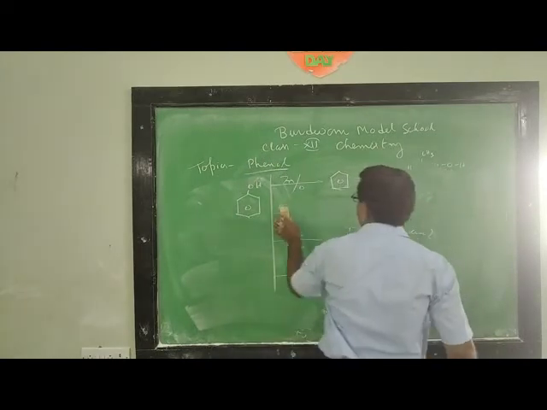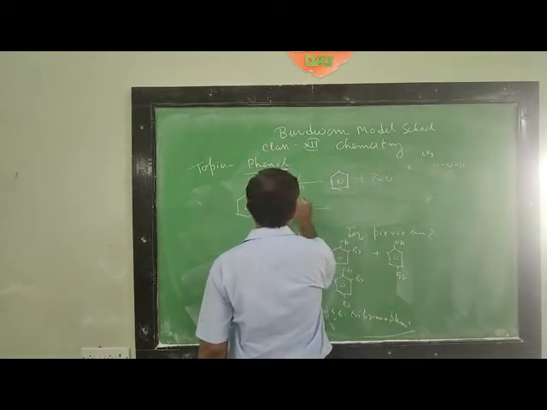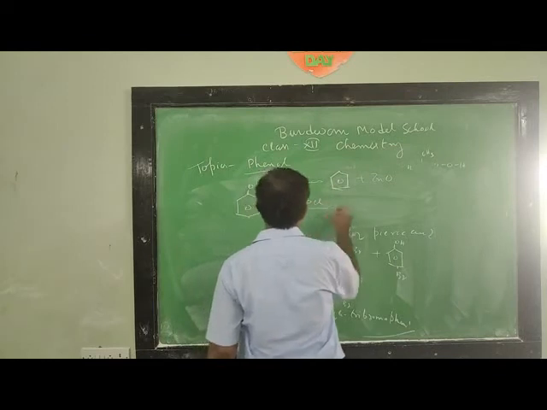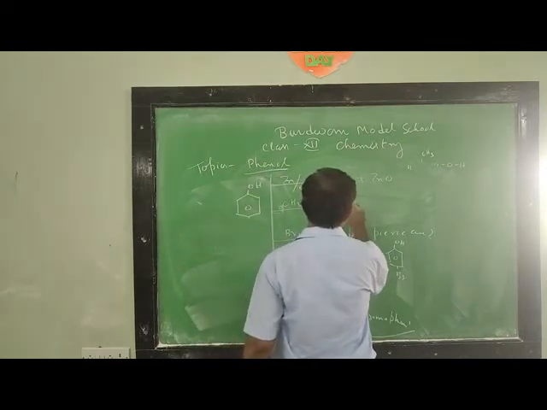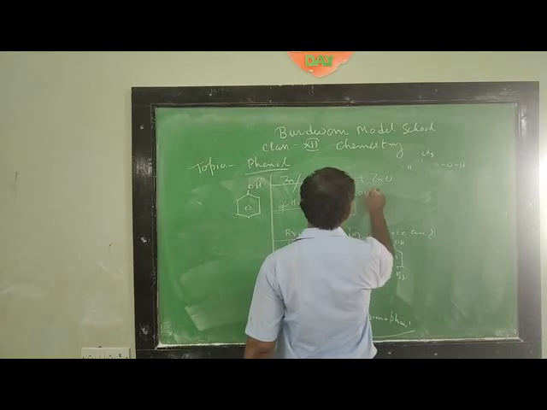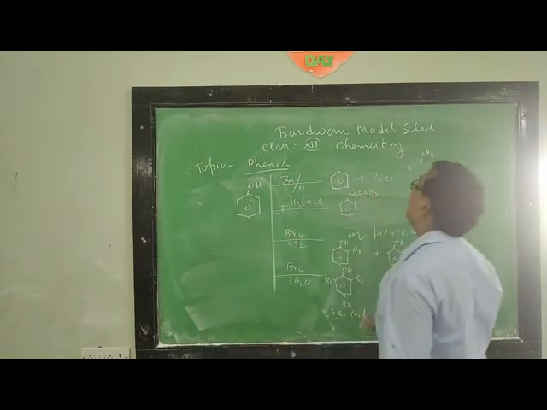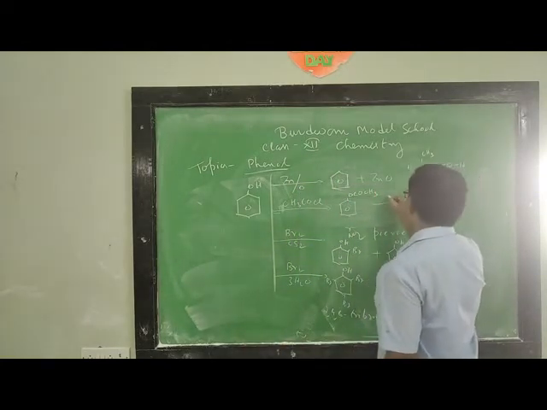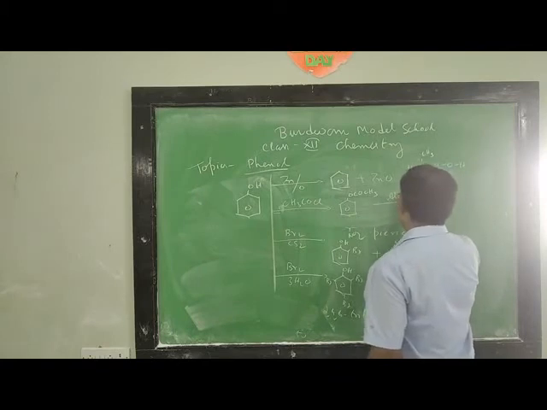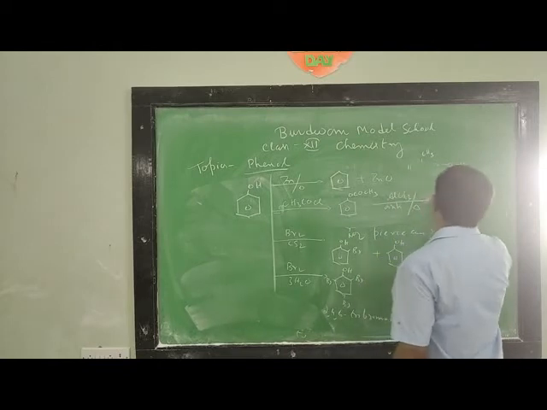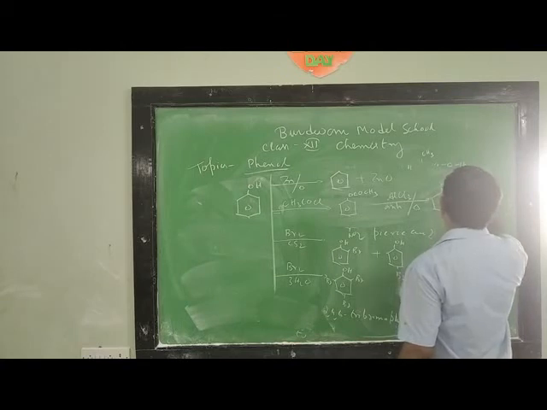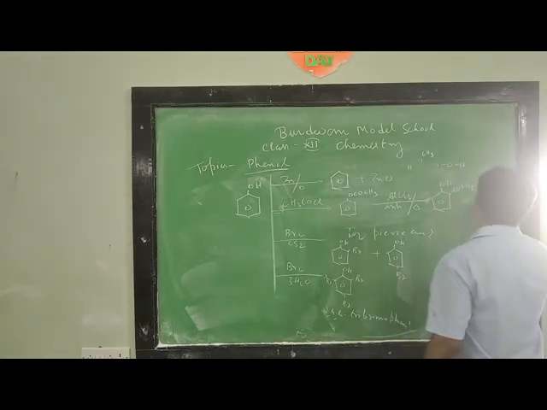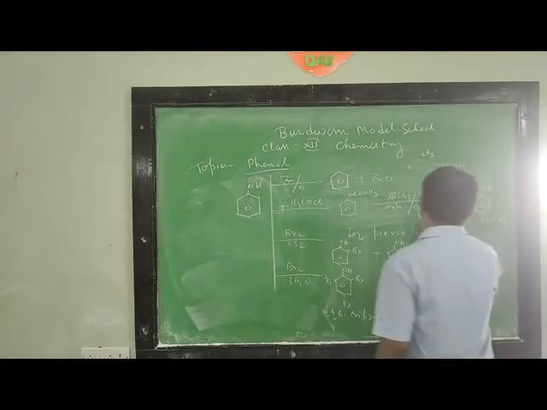Phenol when heated with acetyl chloride, CH3COCl, first forms phenyl acetate, OCOCH3. This phenyl acetate, when heated with anhydrous aluminium chloride, undergoes rearrangement to form ortho-hydroxyacetophenone plus para-hydroxyacetophenone.